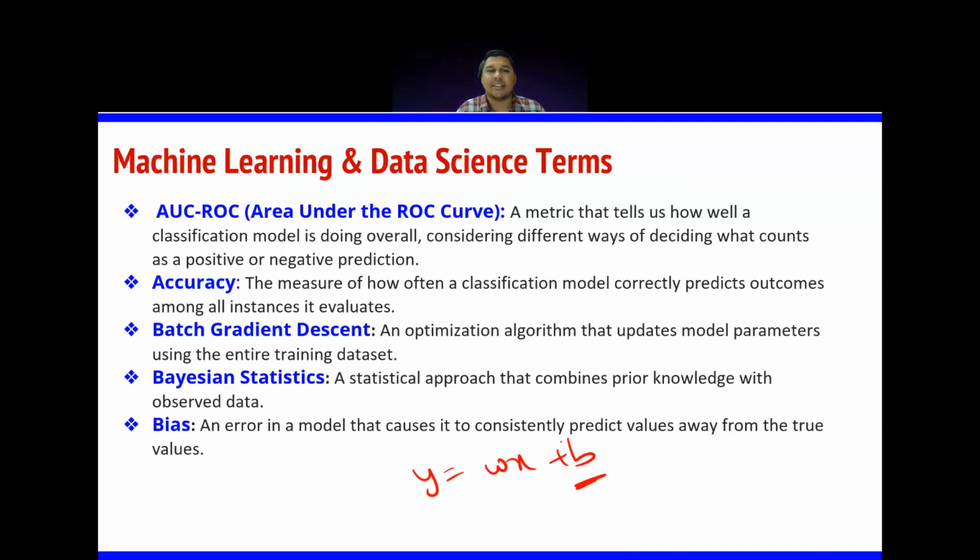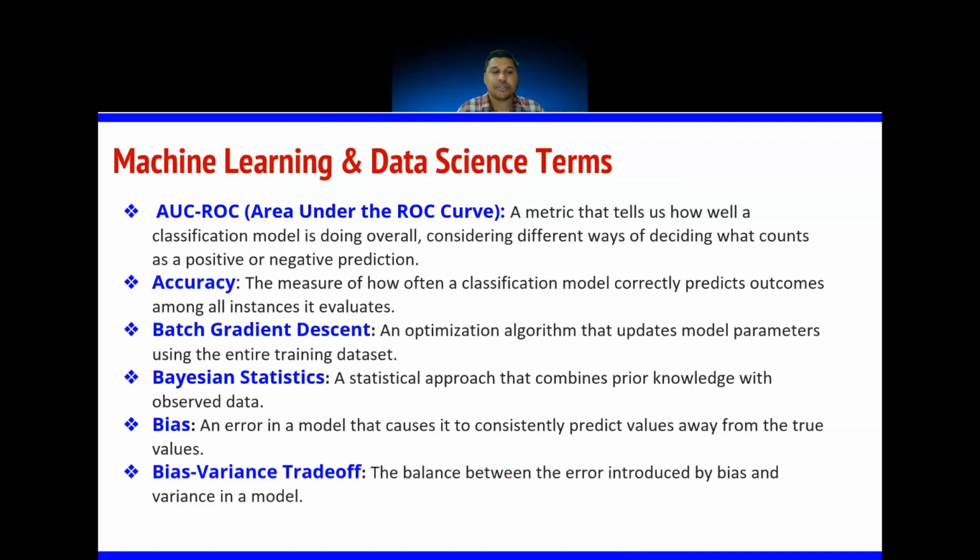It's kind of an error variable. Though you have an equation, there is a little chance of error in the data, so you consider an error in the model that causes it to consistently predict values away from the true values. Like in a confidence interval, we leave 5%, assuming that 5% can be error. That is called your bias.